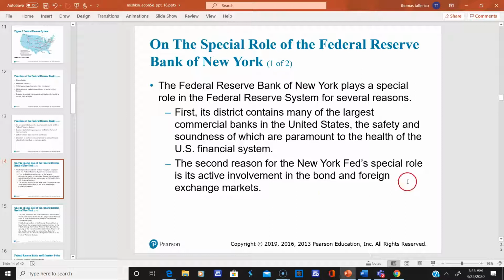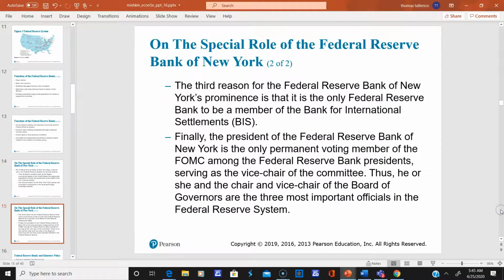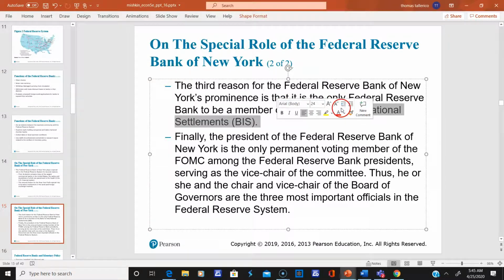So the New York Fed, if they still let you do tours, it's worth going there for a tour. And again, it's the only bank that's a member of the Bank for International Settlements in the world. So it plays a special role.